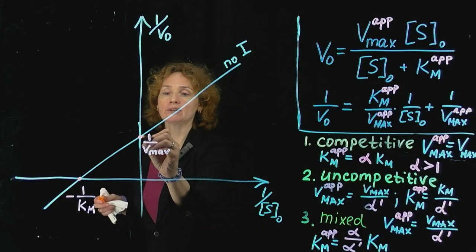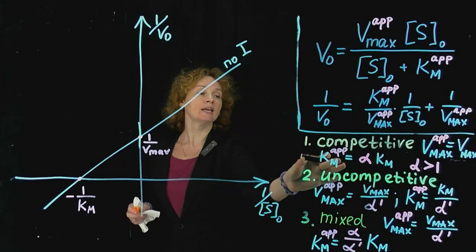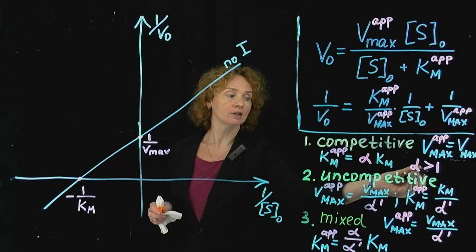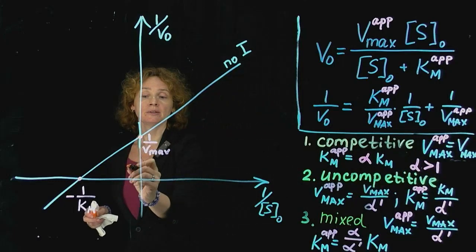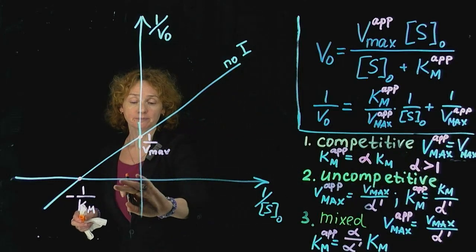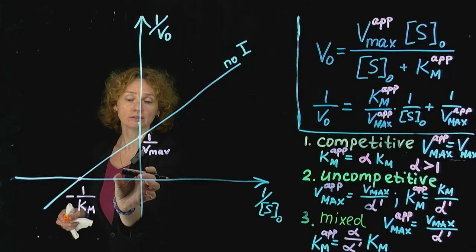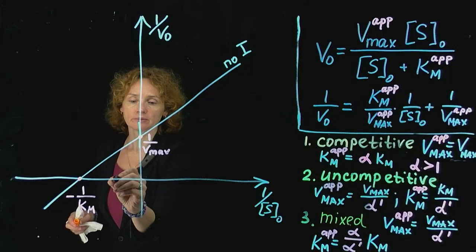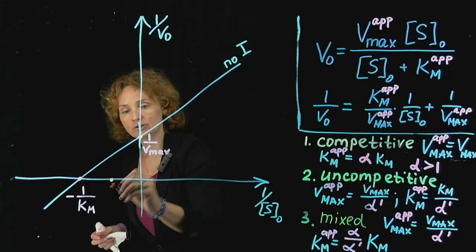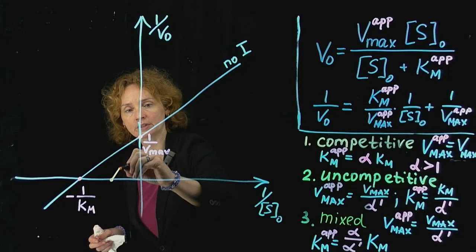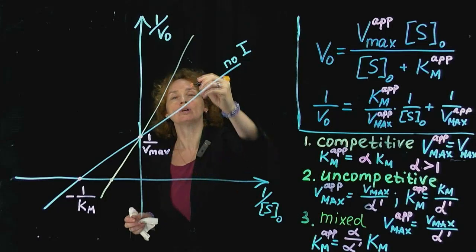So it means that the y-intercept will not be changed, but since Km gets higher, because alpha and alpha prime both are higher, more than 1, the distance here that the line will kind of leave on x-axis will be smaller, right? So this will be my new x-intercept in the presence of a competitive inhibitor. So I expect my double reciprocal plot to look like that.